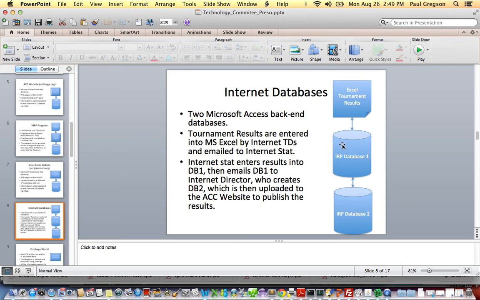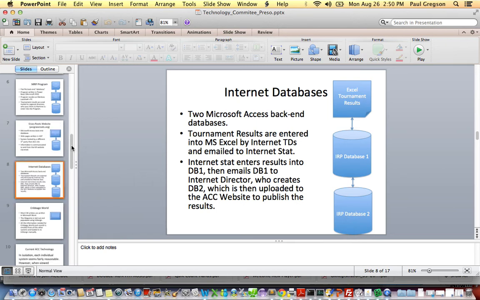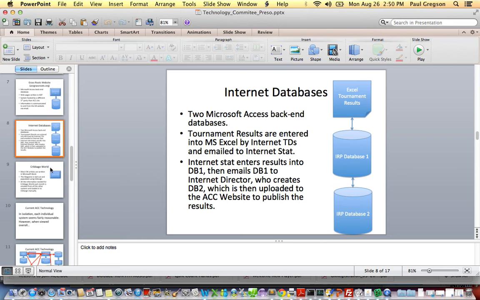That database is then emailed to the Internet director, who creates a second Microsoft Access database, which is then uploaded onto the ACC website. And when you go to the Internet section of the ACC website, it's reading from that second Microsoft Access database in order to show results, lifetime points, etc.